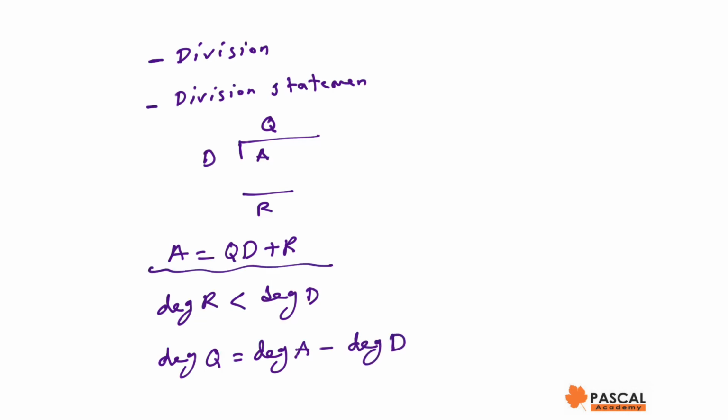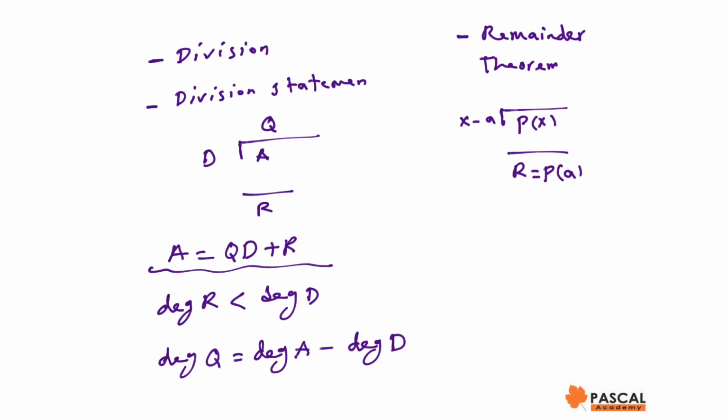We learned the remainder theorem: if we divide P(x) by x - a, the remainder is P(a). If P(a) is 0, then x - a is a linear factor of P(x), and vice versa.